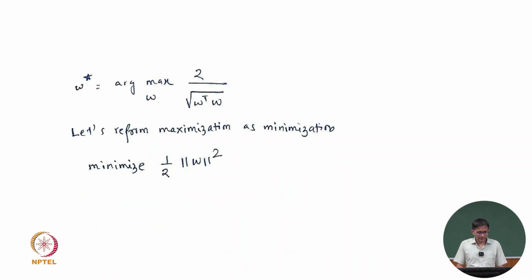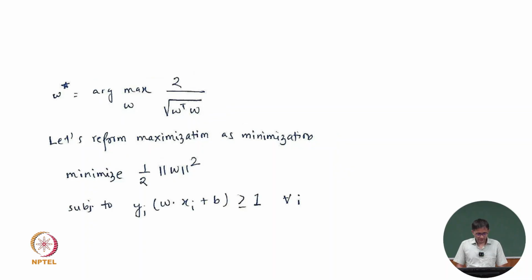So we are trying to find a w such that we maximize this, or just invert this and minimize half of norm w square, subject to the constraint that we just derived, yi w dot xi plus b is greater than or equal to 1 for all i. And this must be clear by now: the examples that matter to us mostly are the ones which are on the margin, right?